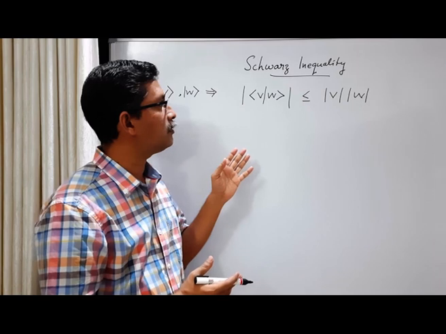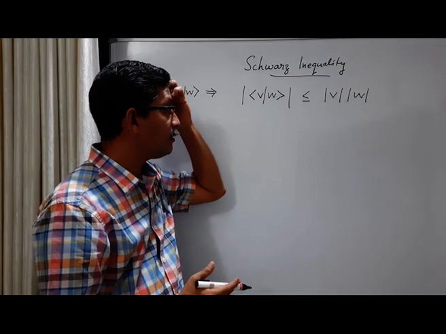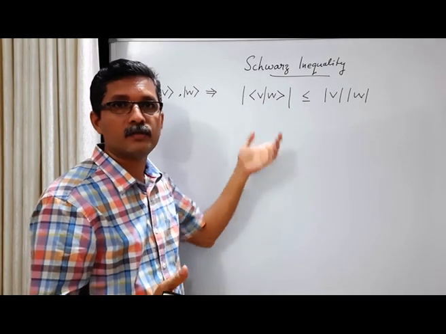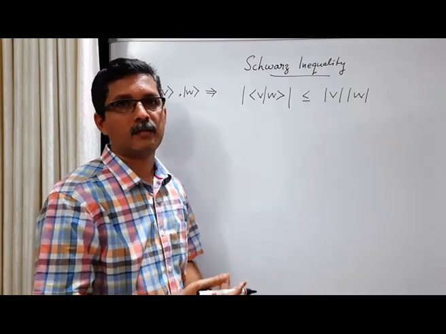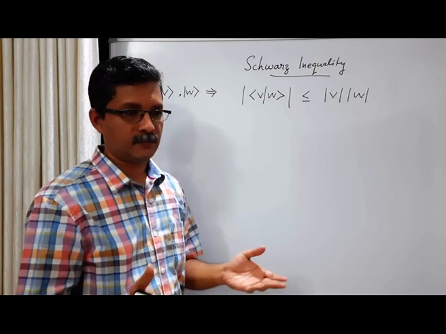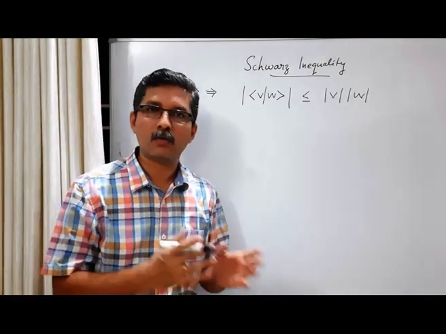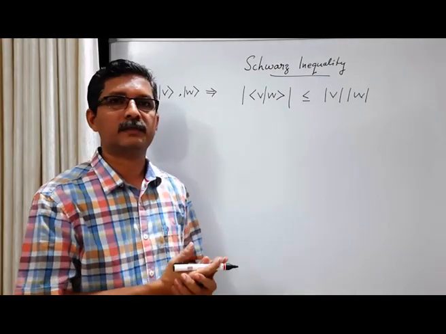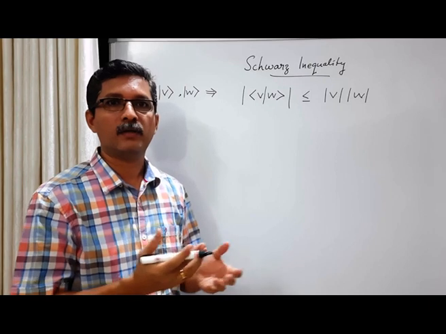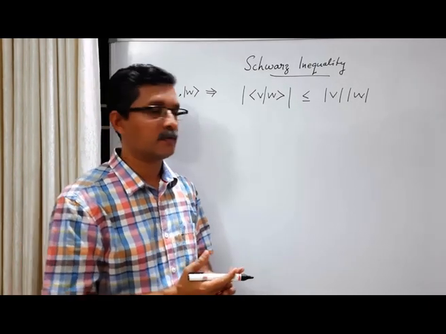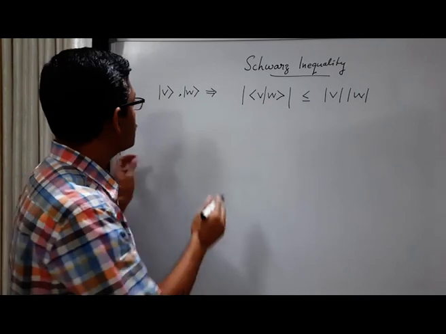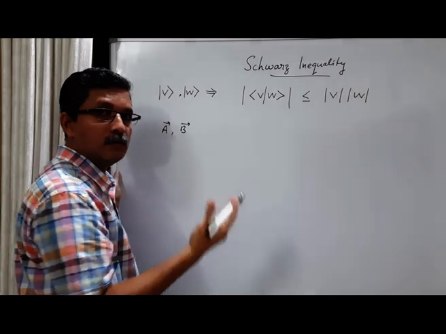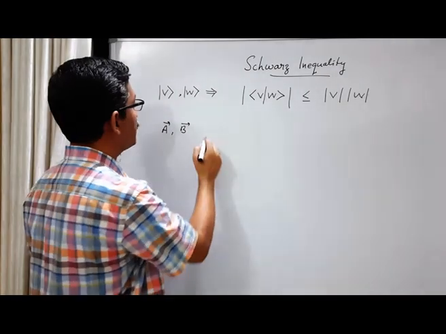Before going to the proof, let us see how this Schwarz inequality can be stated in the case of ordinary vectors in three-dimensional space. After all, the vectors in three-dimensional space also constitute a vector space. So let us consider two spatial vectors A and B, ordinary three-dimensional vectors.